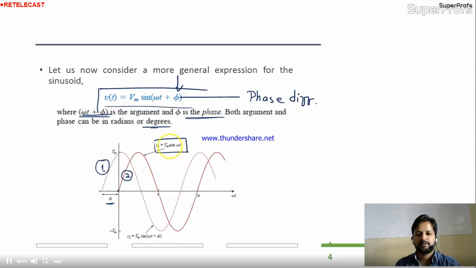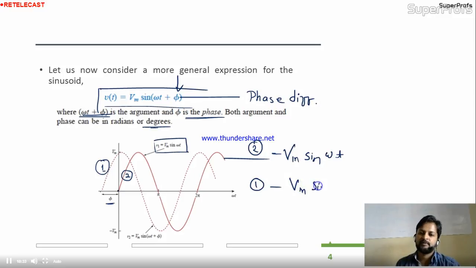If the equation for the second is sin ωt, what will be the equation for the first one? The first one is φ ahead of the second, so the first one will be sin(ωt + φ). Is it okay? Because this is φ ahead. I hope it is clear to you.